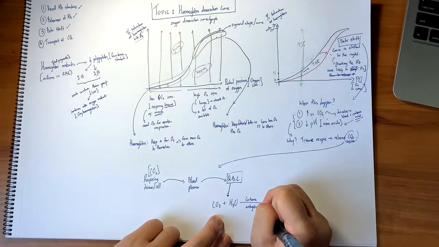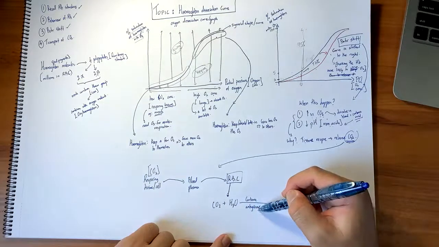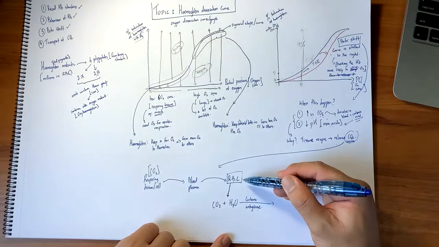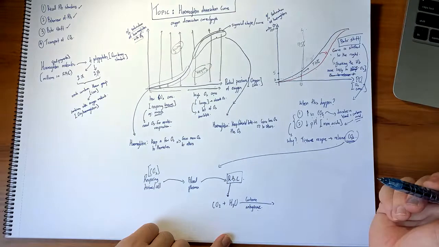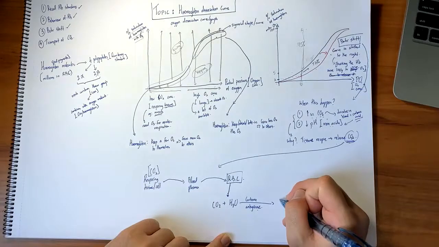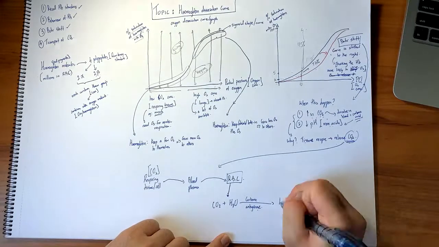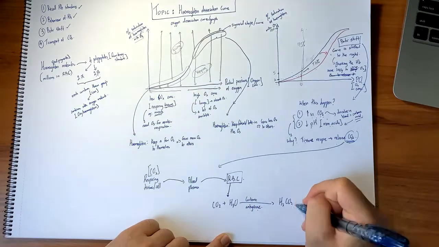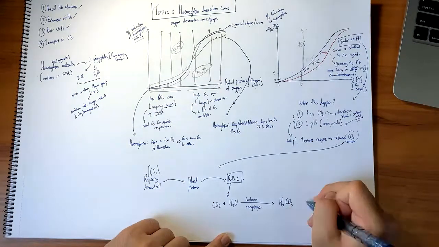Okay, so with the help of carbonic anhydrase, which is an enzyme found in the cytoplasm of the red blood cell, they will actually change it into H2CO3, which is carbonic acid.